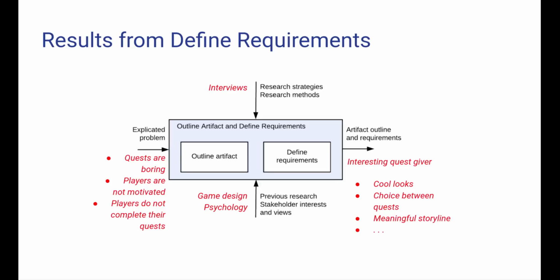Cool looks, a choice between quests, and a meaningful storyline, and probably many more requirements also. So starting from these problems and these requirements, we go on and carry out our evaluation.